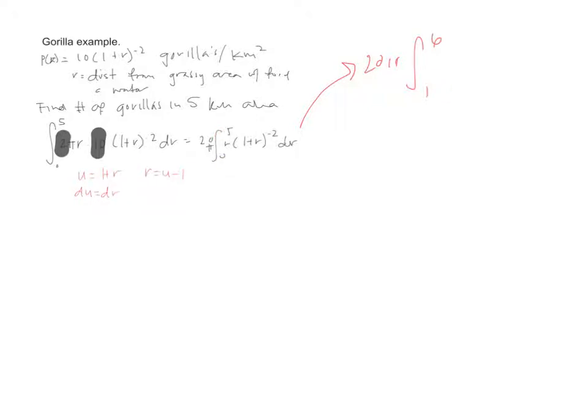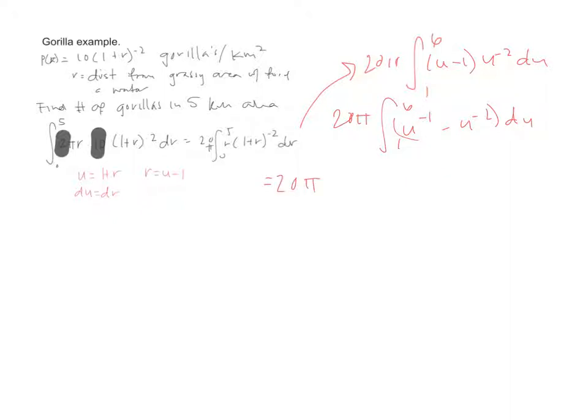So 0 goes to 1, 5 goes to 6. r is u minus 1, and 1 plus r is now u to the negative 2, du. So 20 pi, 1 to 6, u to the negative 1 minus u to the negative 2, du.